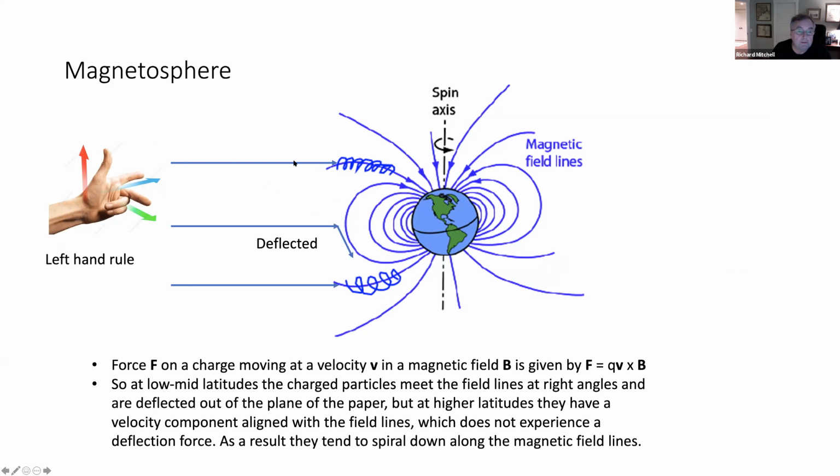So what happens is they hit these field lines, spiral down into the Earth's atmosphere, and when they get to between 100 and 200 kilometers above the Earth's surface, they excite the oxygen atoms, which then decay with, as I say, relatively long decay times, 1 second for the green and 110 seconds for the red. So that's really the reasoning why you only see the aurora at high latitudes.